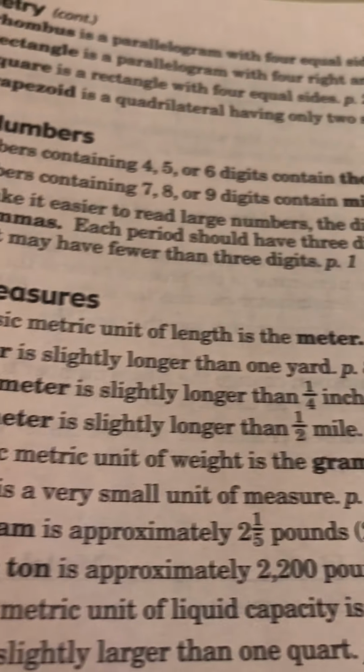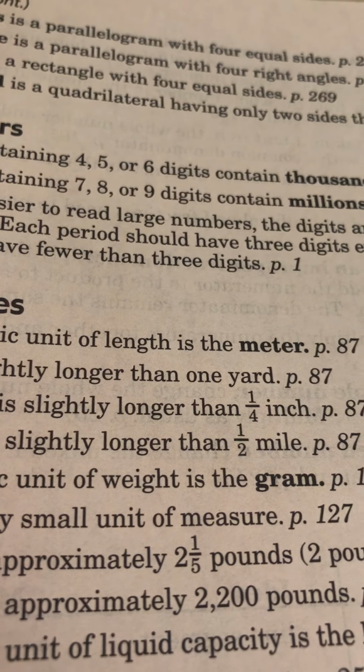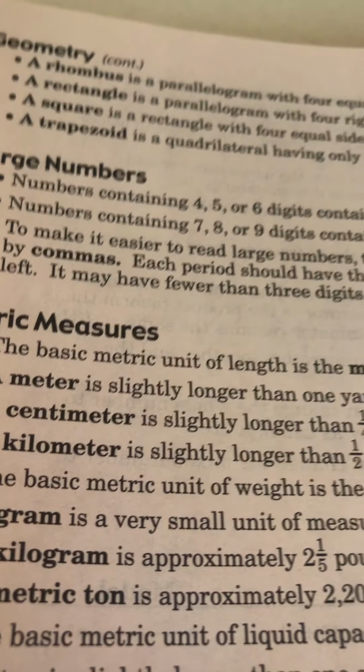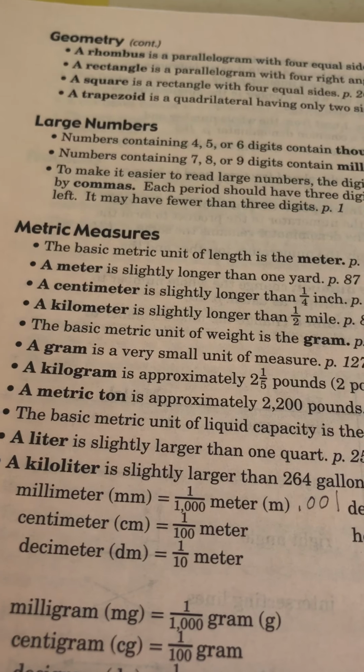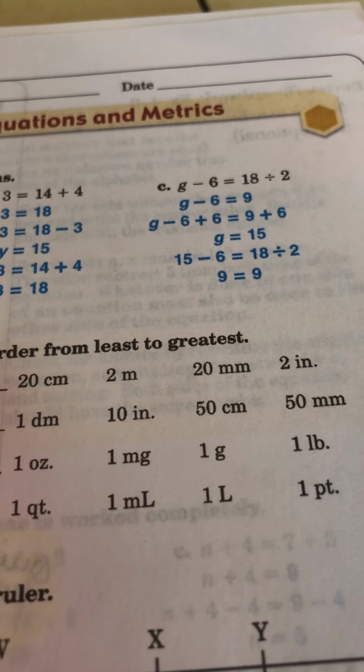A centimeter is slightly longer than 1/4 inch. Slightly longer. So not quite a third, but they used to always say 2.5. So 2.5 to 3. So for easy measuring, let's just say that there's about 3 centimeters in an inch.